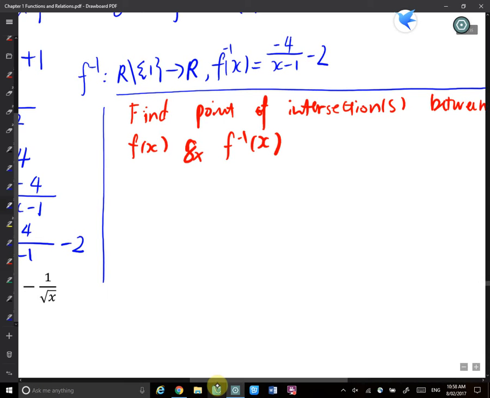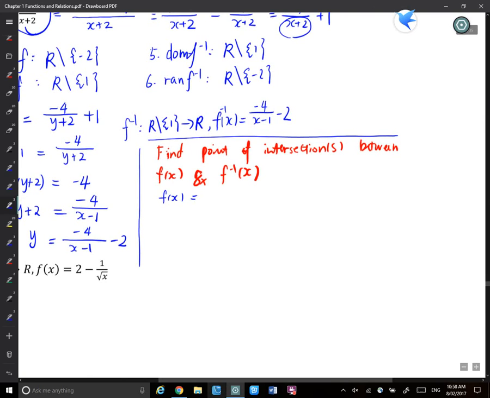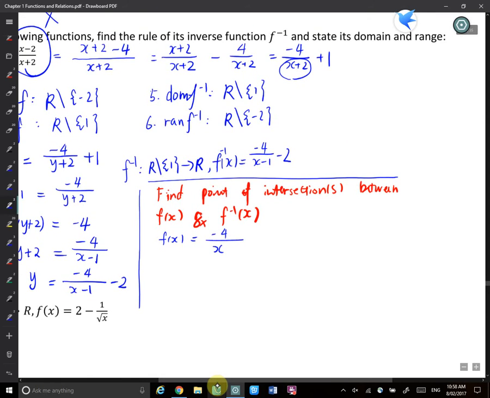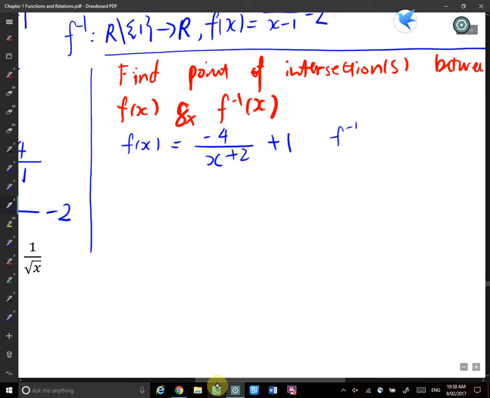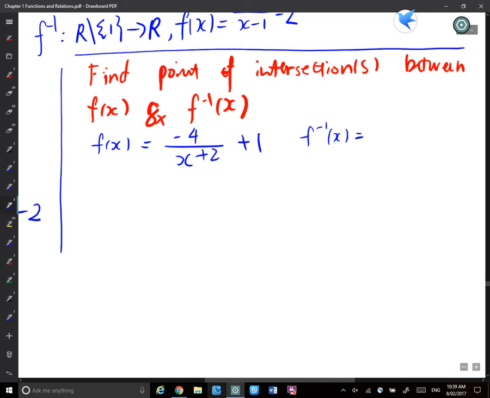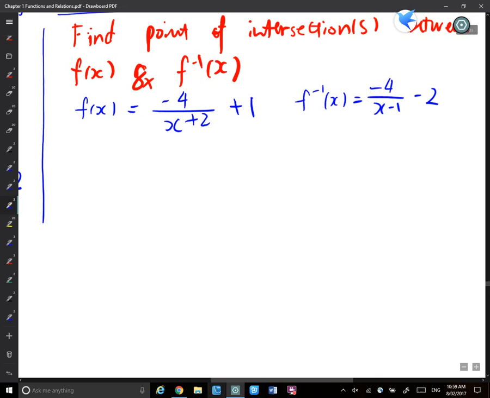So you have f(x) equals -4 over x plus 2, plus 1, and f inverse (x) equals -4 over x minus 1, minus 2. That's the two functions.